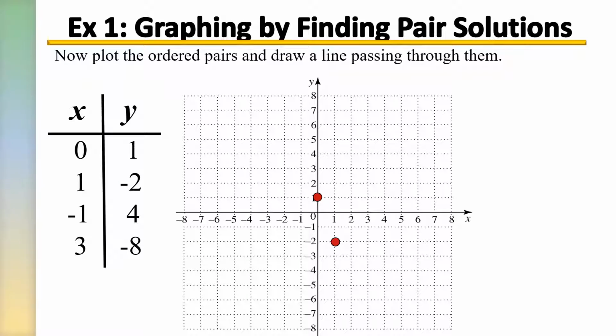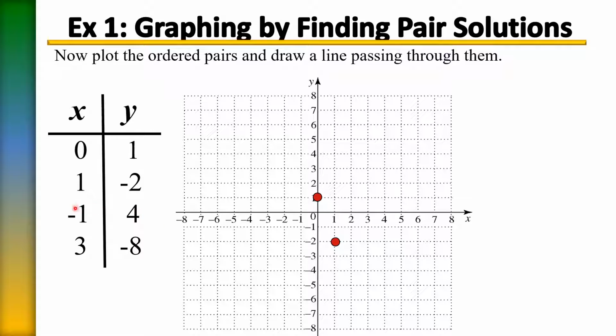So notice I already have the other 2 points that we got earlier when we let x be 0 and then we let x be 1. I just want to prove to you that these points where we plugged in values for y this time, that those points are also on that same line.